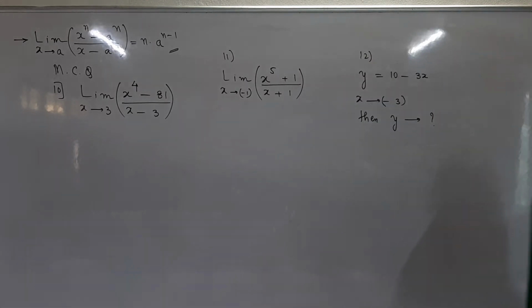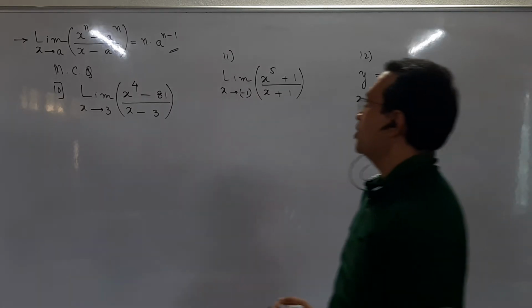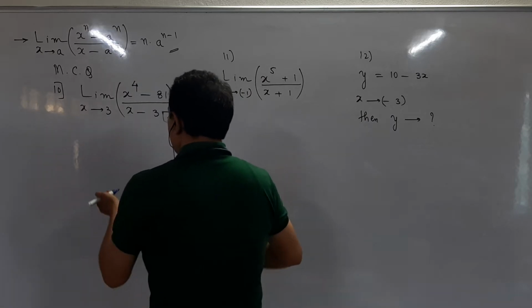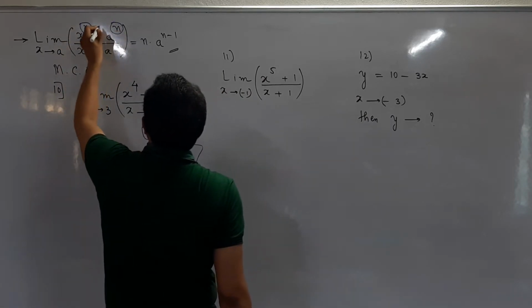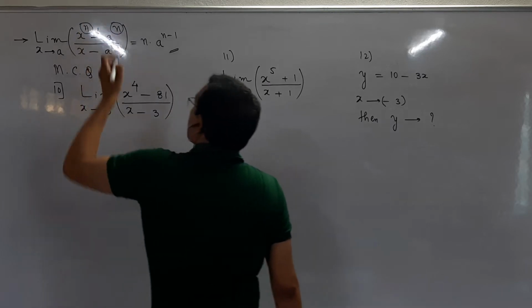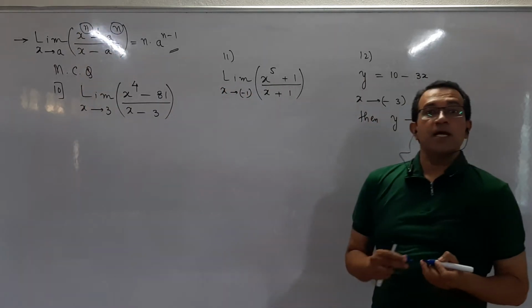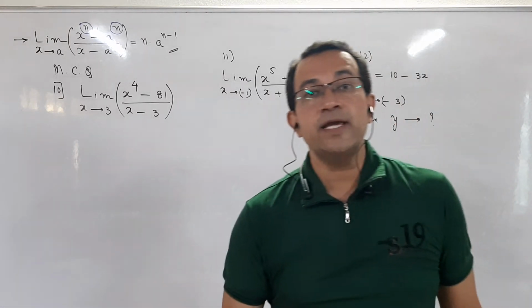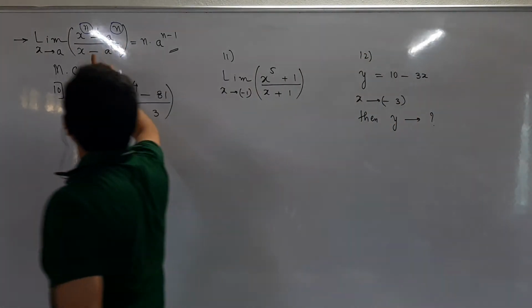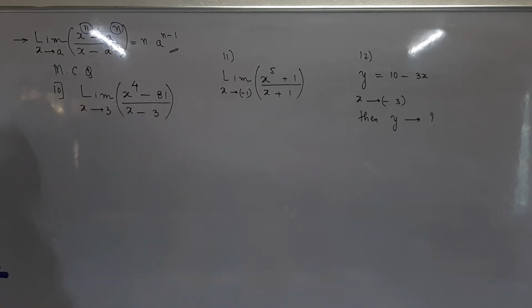Okay, now all of you please concentrate while we go for application of this formula. The main part of the sum is this: x raised to n minus a raised to n, and there must be a negative sign between x and a in the numerator as well as denominator.